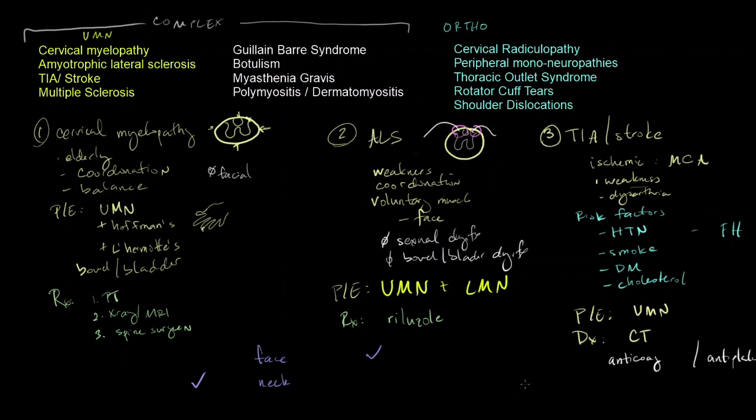So the onset between these two pathologies are very different. In a TIA stroke, look for sudden onset. This is a sudden, significant event, whereas ALS is a neurodegenerative problem, so this will be rather insidious. So Lou Gehrig didn't suddenly have weakness. He sort of noticed this gradual increase in weakness and coordination issues.